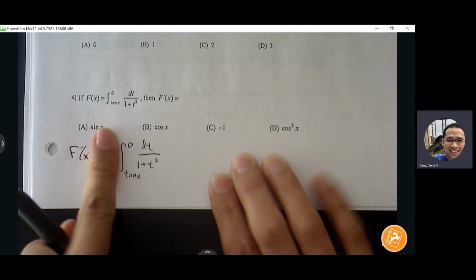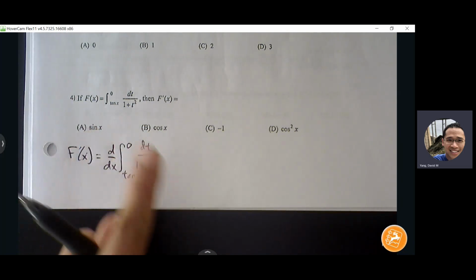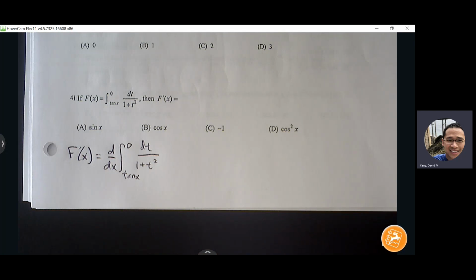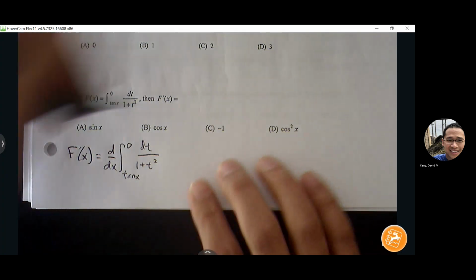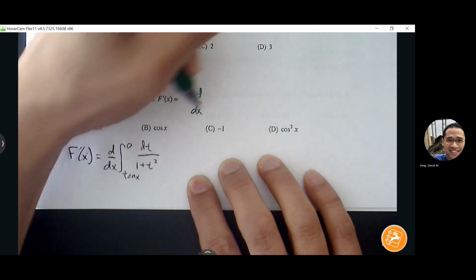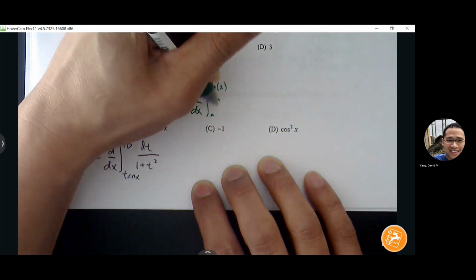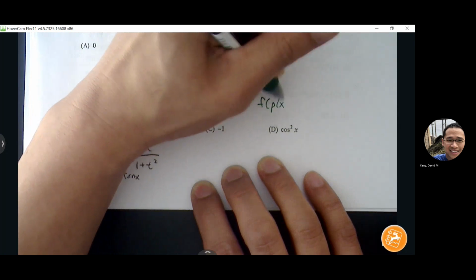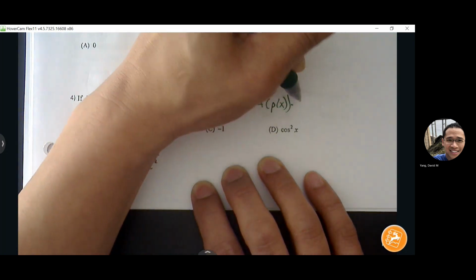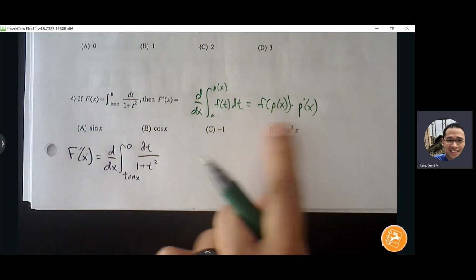Now we could find the full antiderivative of that and then turn around and take the derivative, but there's a bit of a shortcut, right? And what's that theorem that we can really apply here? You guys remember this theorem here? What's this theorem called?